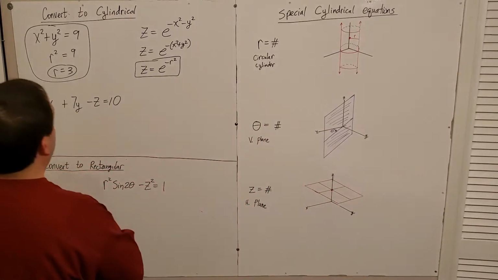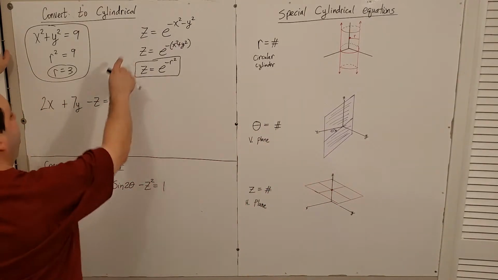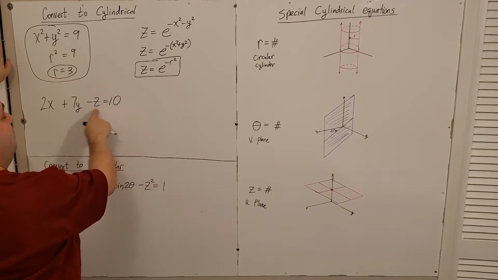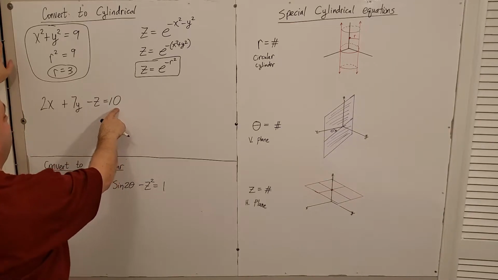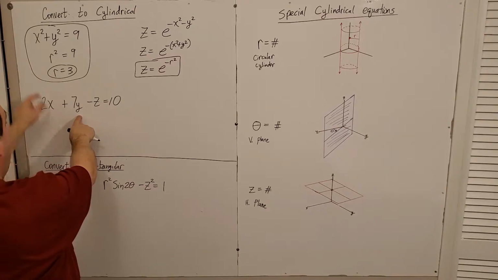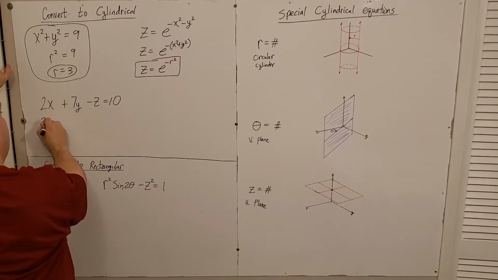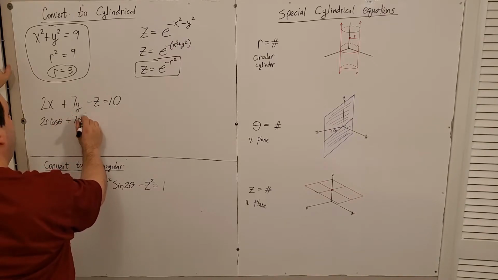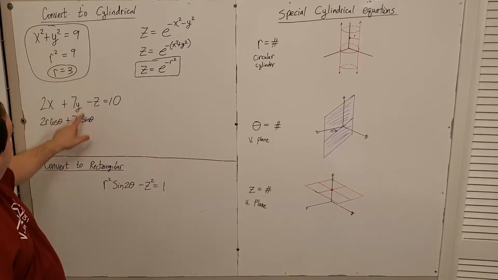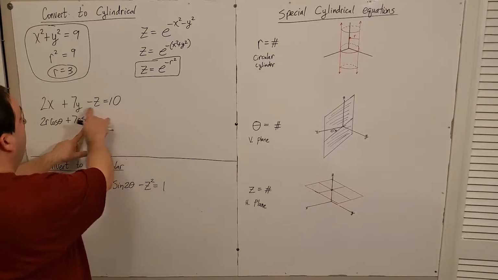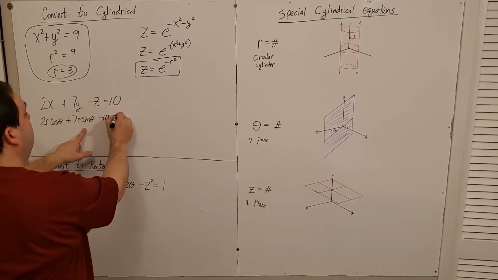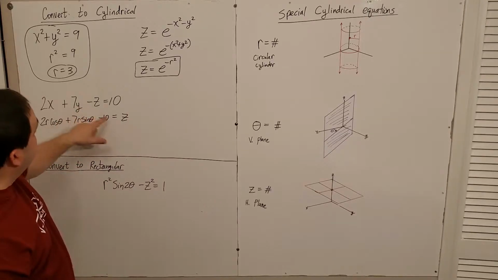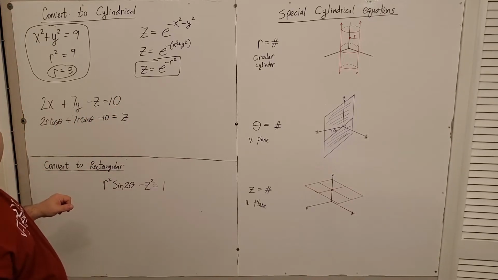So take a look. Here's what would happen. I'm going to get my z by itself first, and I'm going to convert my x and y. So that's going to be 2r cosine theta plus 7r sine theta, because my x is r cosine theta and my y is r sine theta. I'm going to subtract the 10, and then it's going to be equal to z because I'll add the z over as well.